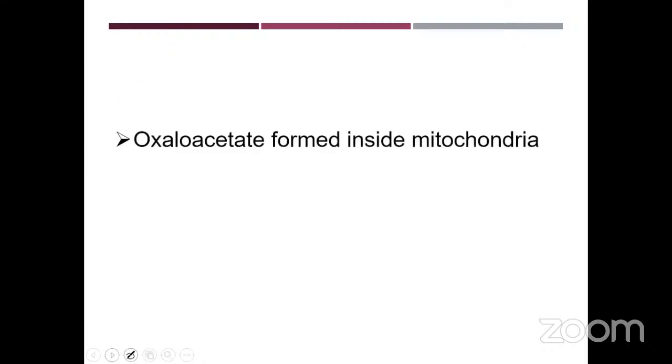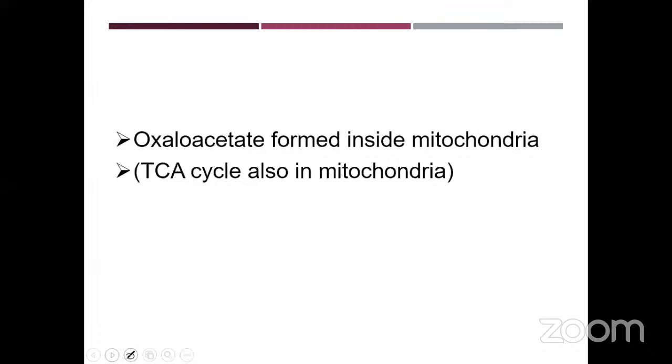Oxaloacetate is formed in the mitochondria, but the rest of the enzymes for gluconeogenesis are situated in the cytoplasm. So oxaloacetate has to come out of the mitochondria and reach the cytoplasm.